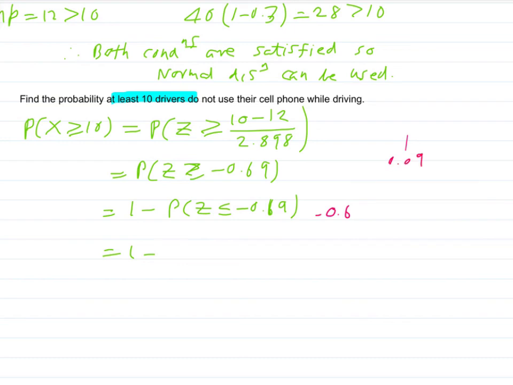This value is 0.2451. So you can plug this number in: 1 minus 0.2451, so the answer is 0.7549. That is the probability that at least 10 drivers do not use their cell phone while driving.